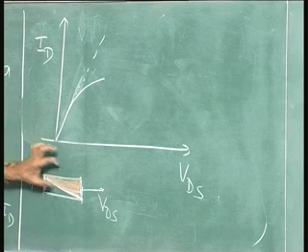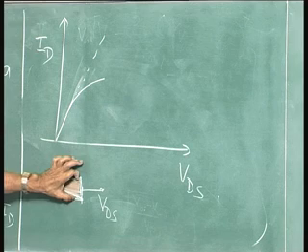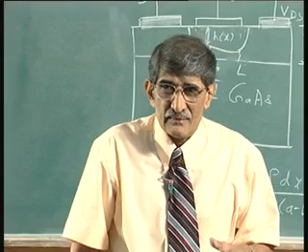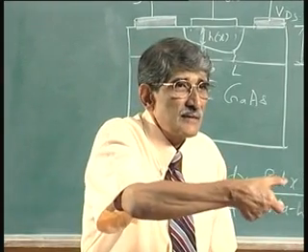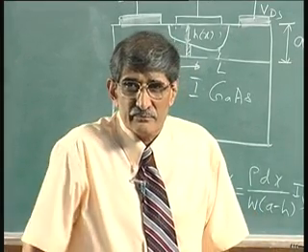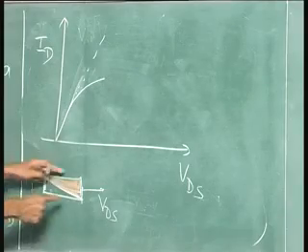Okay. So, what is the voltage across that? If the depletion layer width is A, it is pinched off at the drain. You say that the channel is pinched off. So, the voltage drop across the depletion layer when this happens is VP0, the pinch-off voltage.